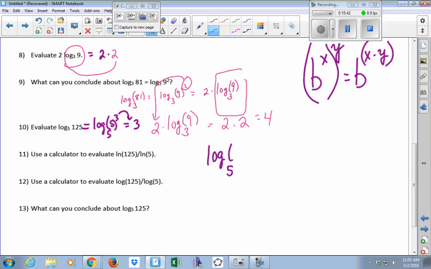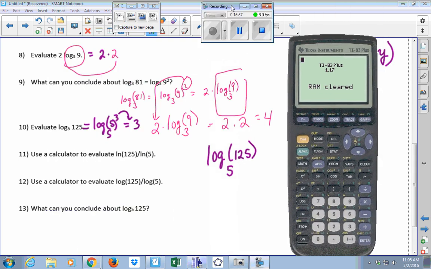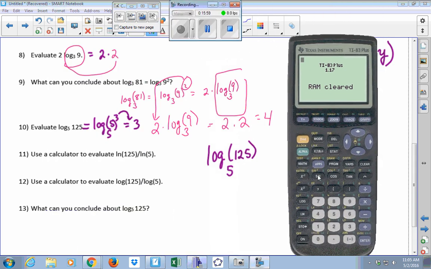So let's pretend that we could not get the answer 3 for this. Well, we also cannot put this into our calculator because our calculator only evaluates two types of logs. LOG for base 10, that's our common log, and capital LN for our natural log. So I can't put in log base 5, it's impossible.